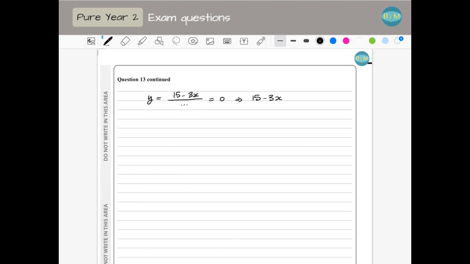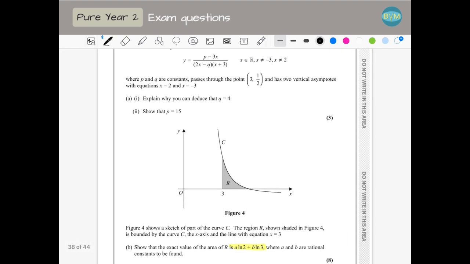That means my numerator is going to be 0, which means that 3x is 15 and x is going to be 5. So this point here is 5.